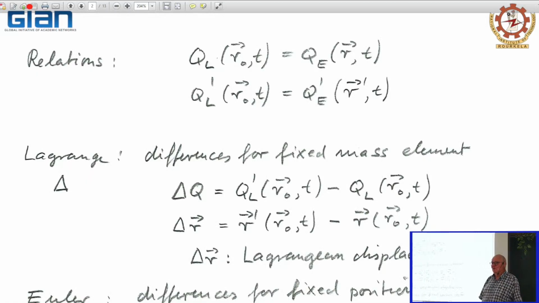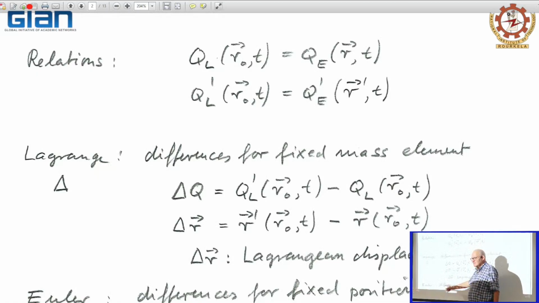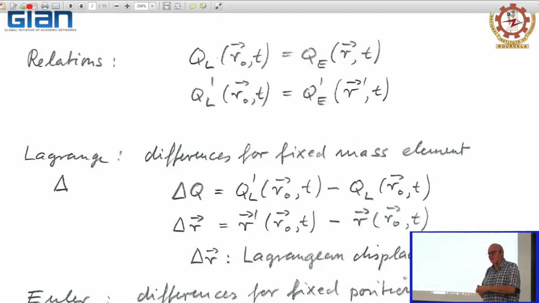And we have the so-called Lagrangian displacement, because in the Lagrangian sense, the position vector is a dependent quantity. So delta r measures the distance between the position of the mass element in the perturbed system and the unperturbed system.